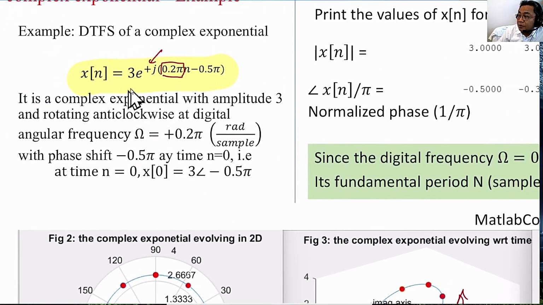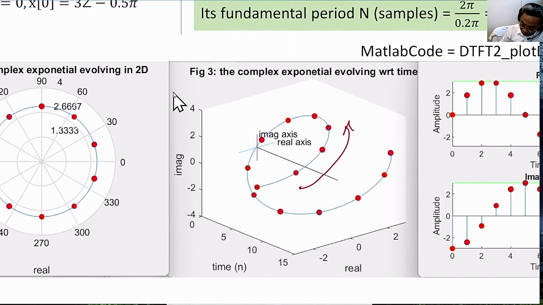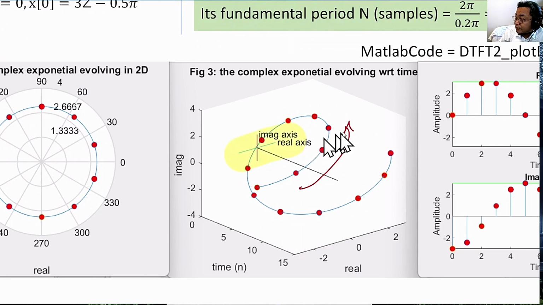Now let's plot 3 e^(j0.2 pi n minus 0.5 pi) as n goes from 0 to infinity. This is the figure. On this axis here is the real axis, on this axis here is the imaginary axis, and on this axis here is time growing from n equals 0 to n equals 15.